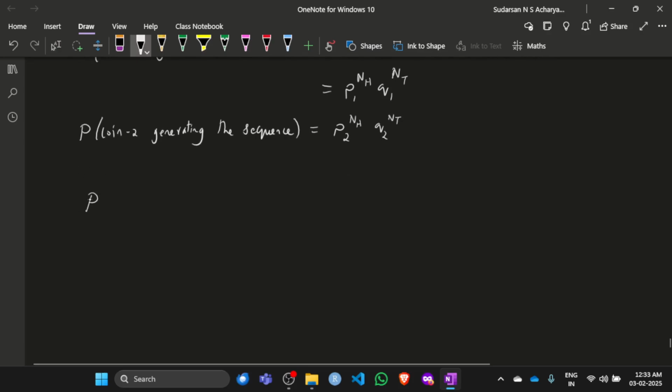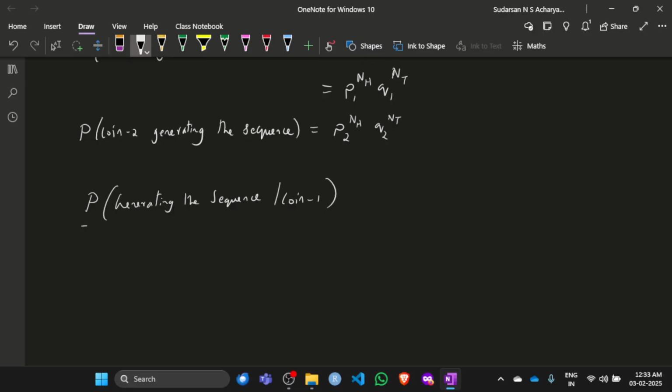What's the probability of generating the sequence given that it's coin 1, divided by the probability of generating the same sequence given that it's coin 2, right? So this is called a likelihood function. Now if these two coins have the same underlying distribution, this value will be equal to 1, right? So we just write down the expression like so.